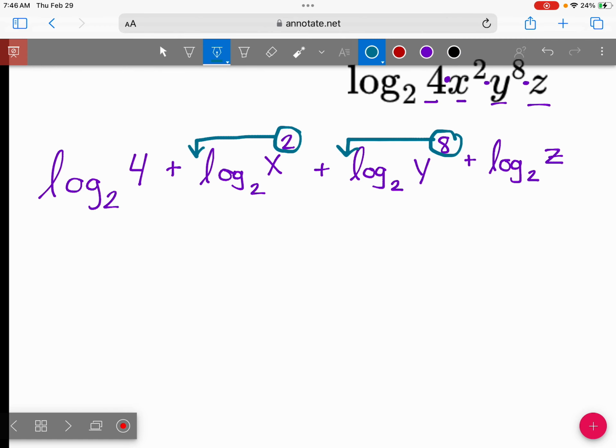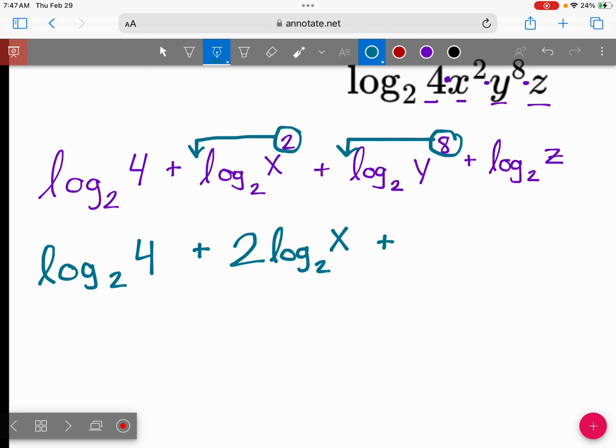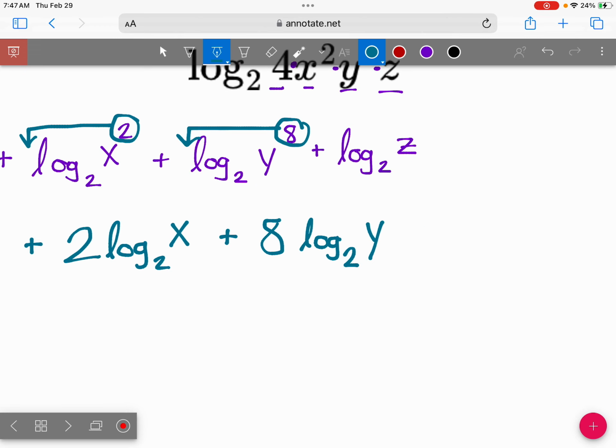So we're going to rewrite our log base 2 of 4 doesn't change. And then we're going to have 2 log base 2 of x and 8 log base 2 of y.